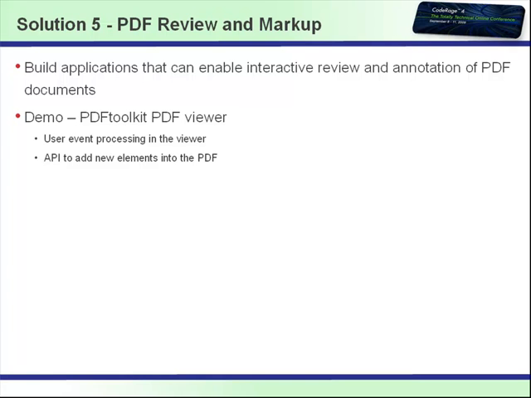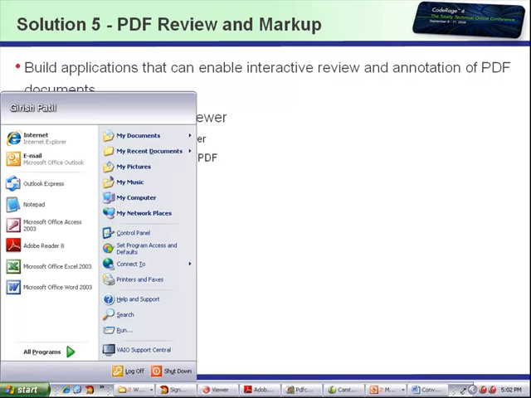So I'm just going to do one thing here to show the interactive capability of the PDF Toolkit's PDF viewer. I'm going to open up a file and then select a particular region and then insert a link for the region that I selected. Okay, so let's go see first the code for it.